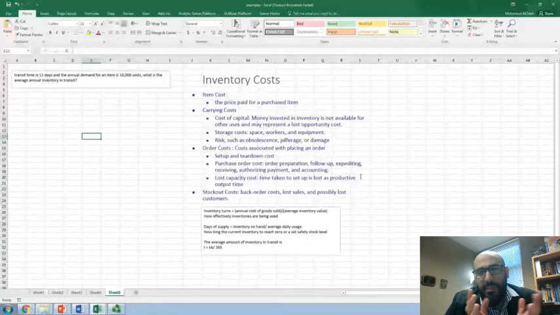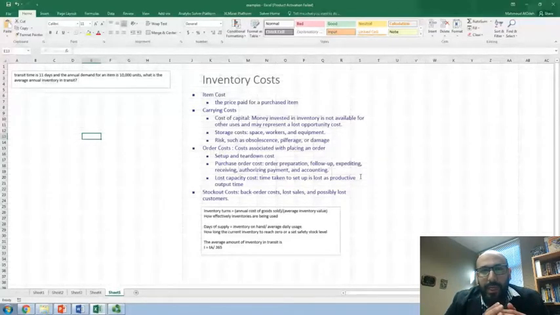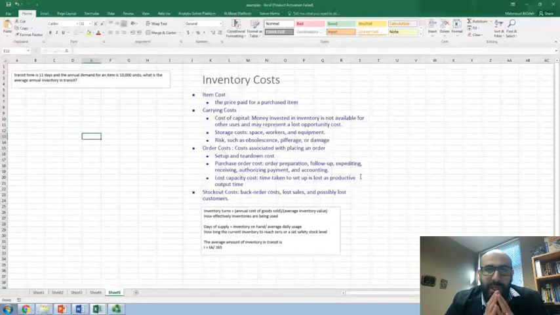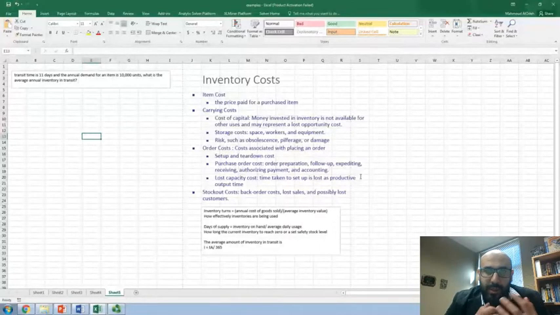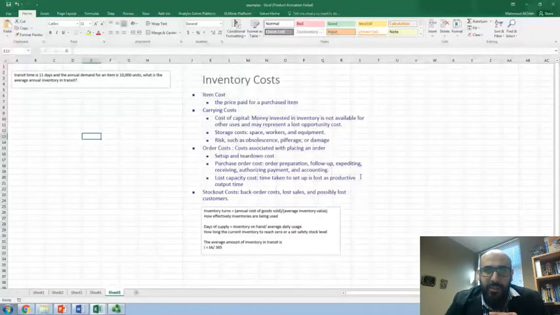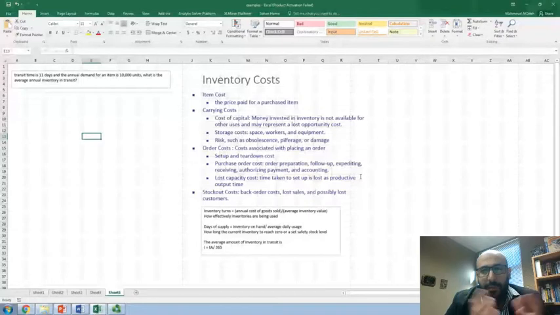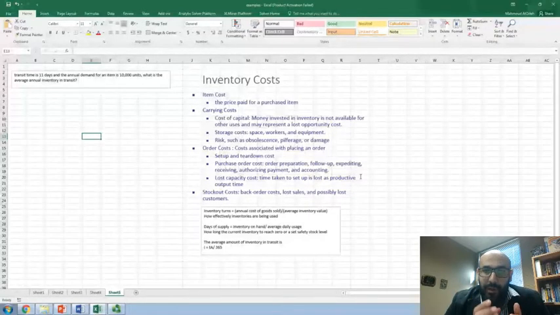And a lost capacity cost. Let's go back to the example where you purchase a machine and you don't know how to assemble it. One way is to ask somebody to come to your company and put it together. This could be one way for the order cost.